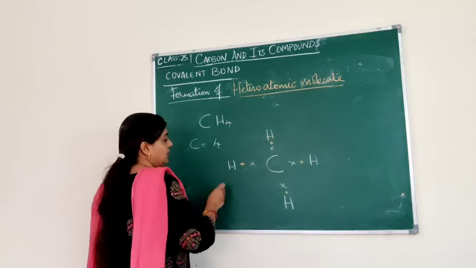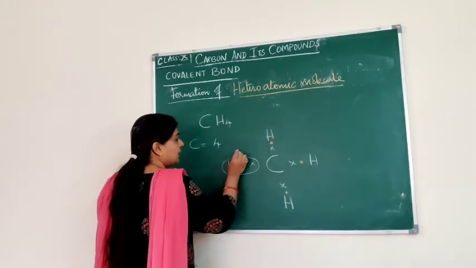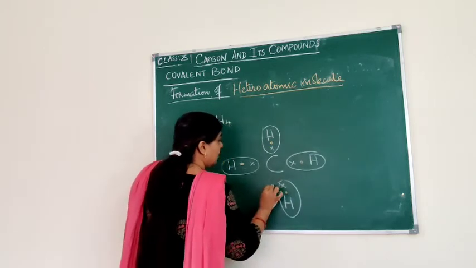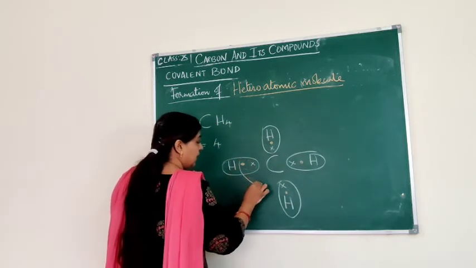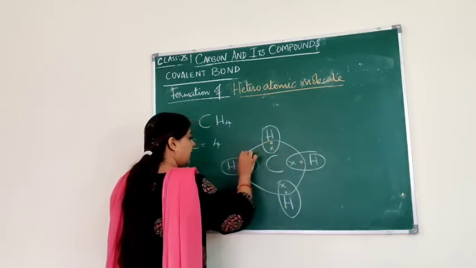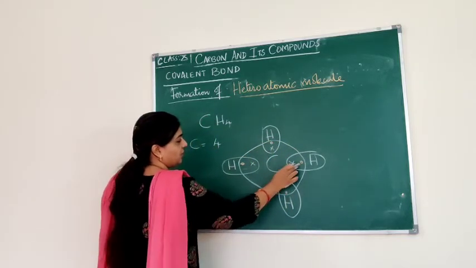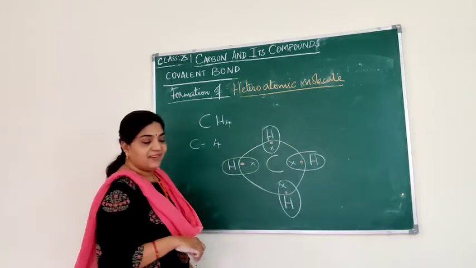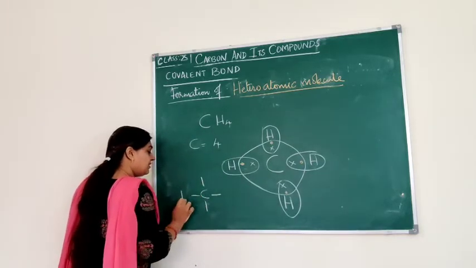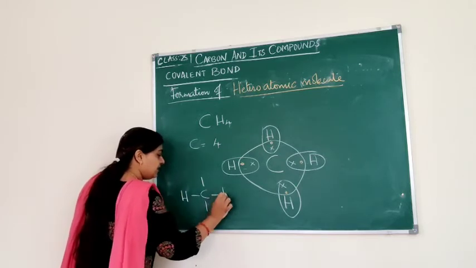Now you see each hydrogen gets stable by getting duplet configuration, and carbon gets 8 electrons. We represent it like this.